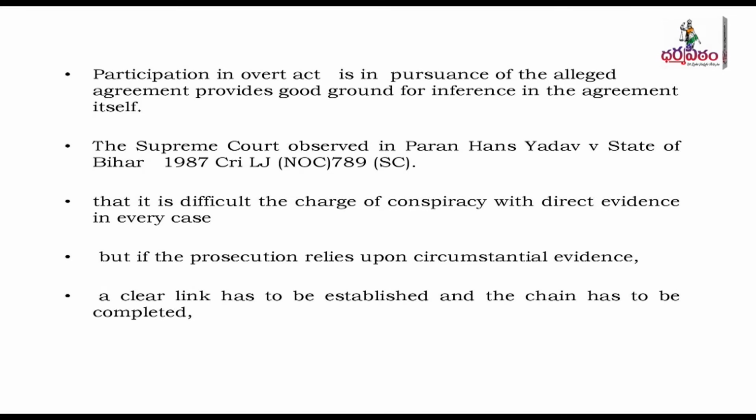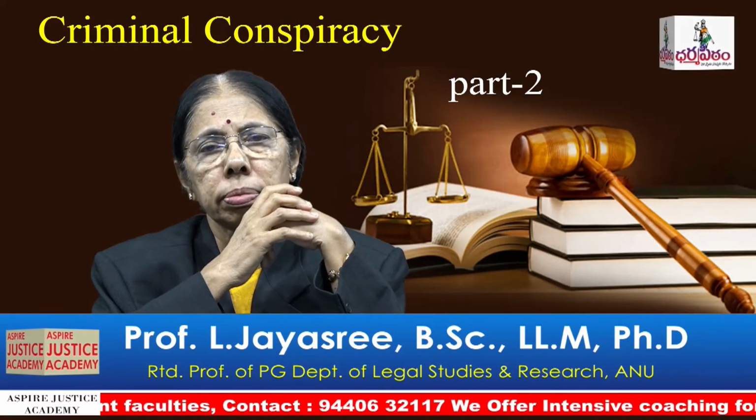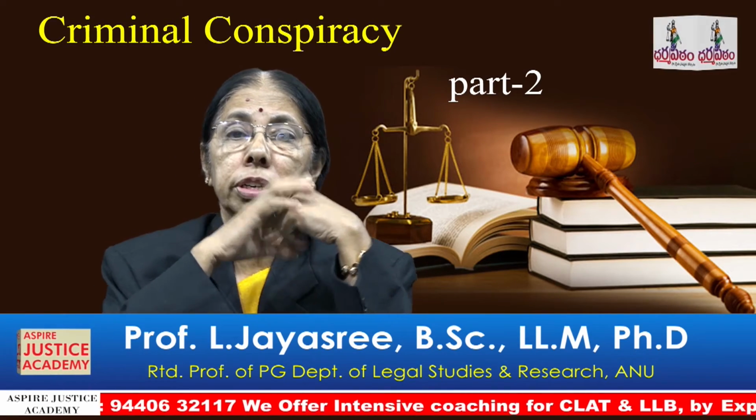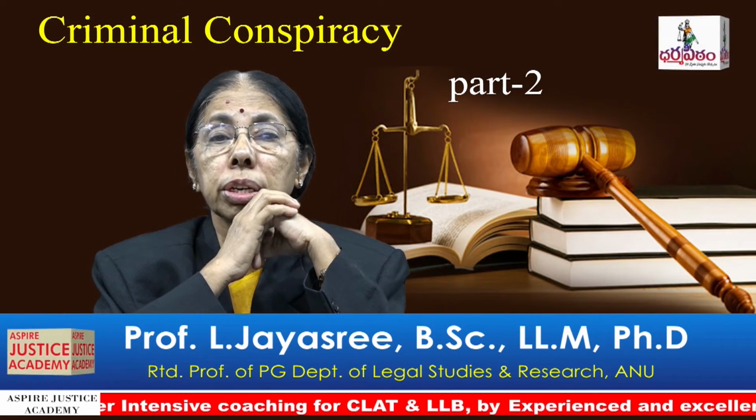Then circumstantial evidence is to be collected. If the prosecution depends on circumstantial evidence, a clear link has to be established. If there are 10 circumstances, there should be a link between all the circumstances, and the chain has to be completed. This is what the Supreme Court says in the Yadav case.